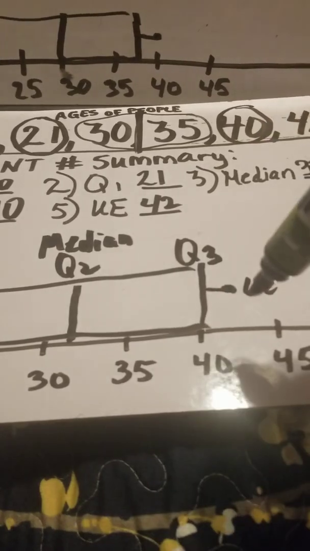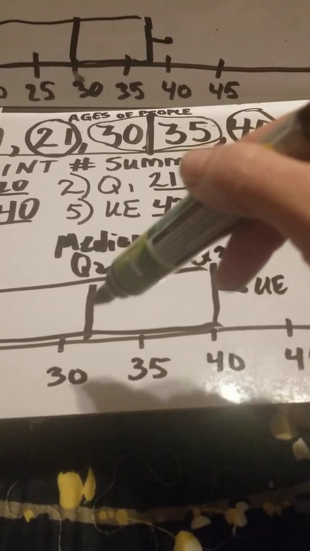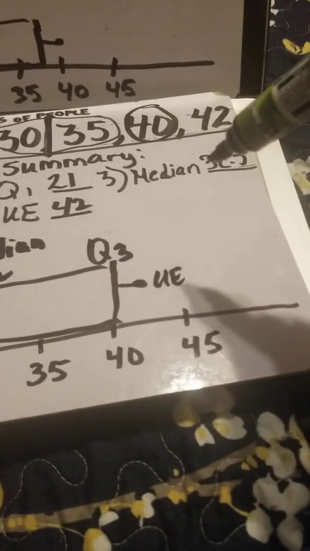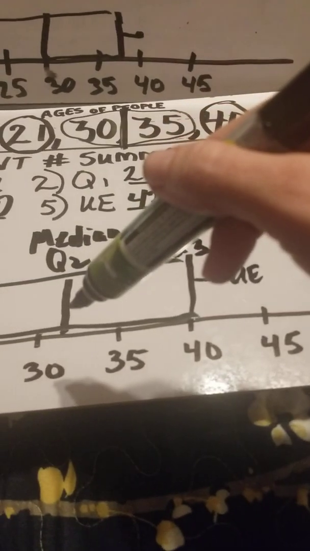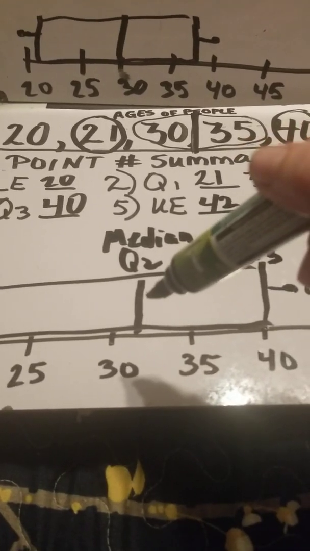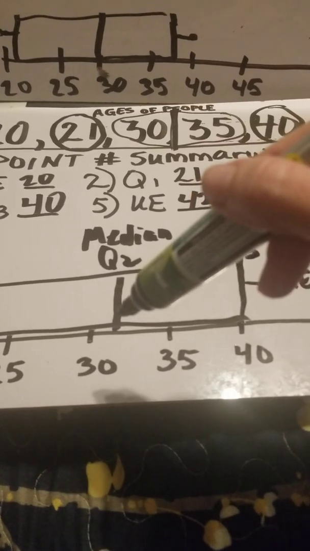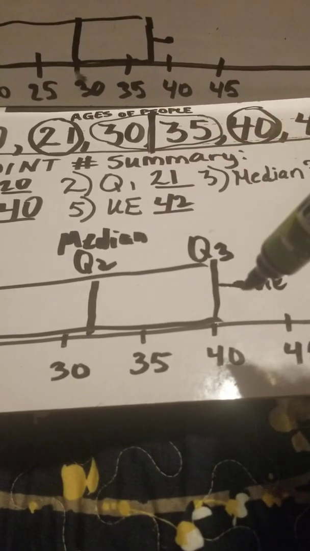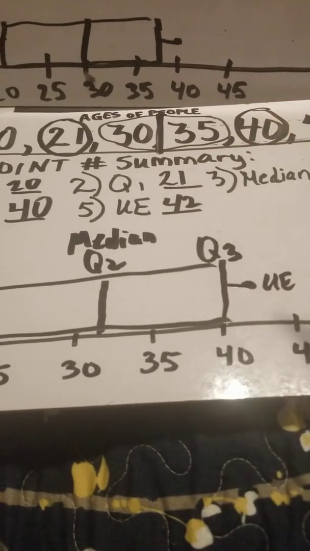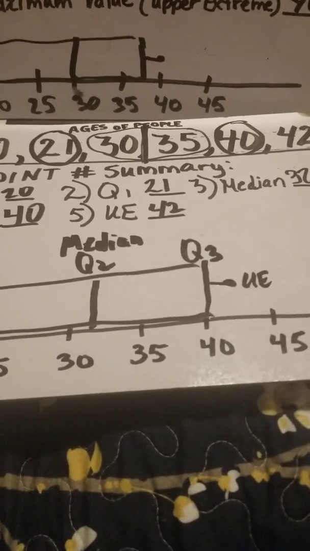You could say, for the ages of the patients, 50% were 32 and a half and older. And you could say 50% of the data represents ages 32 to 42 for the older age set. Something like that.